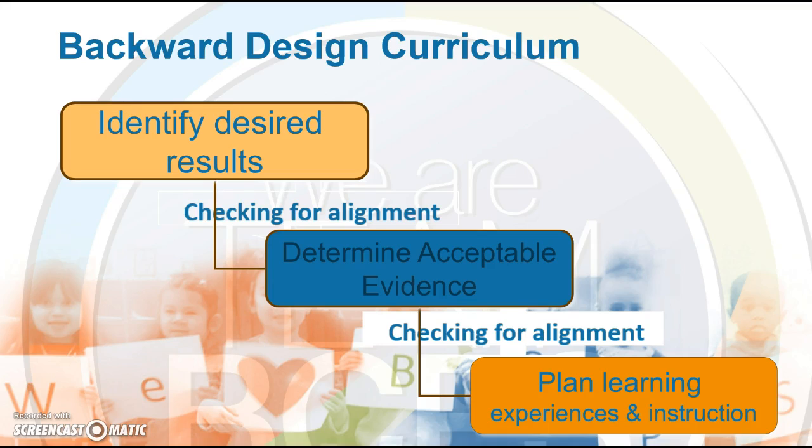We're not pulling out ideas or activities because, oh, this would be fun to do, but they're directly related to what the students are going to do to prove that they understand, which again is tied into what you want your results to be. So it's a little different way of thinking about planning.